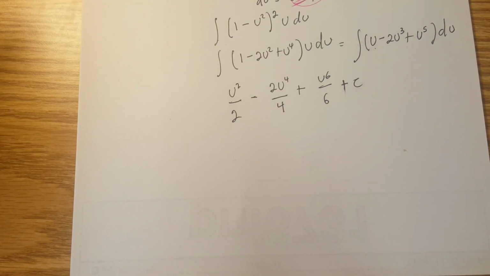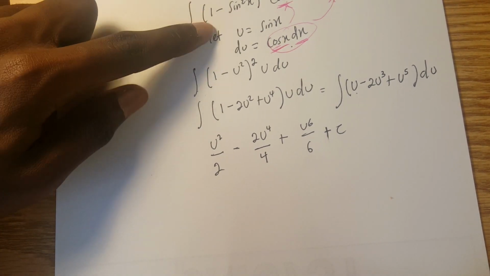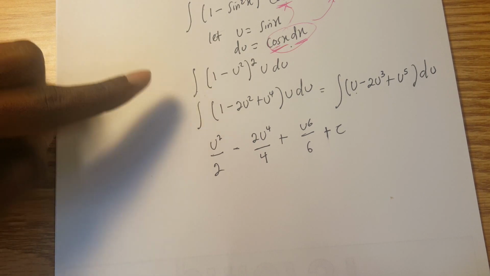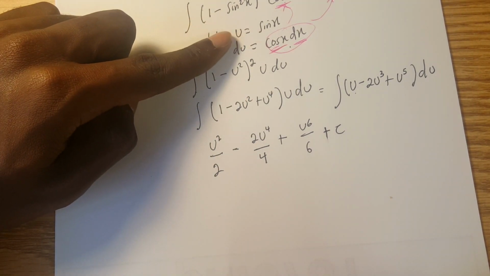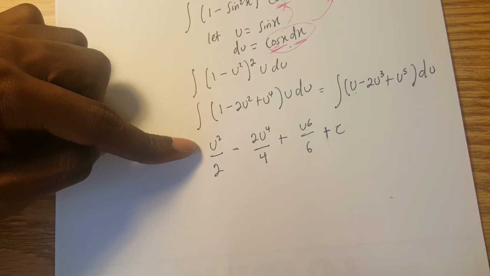So right now we've actually done solving the problem, but we substituted a u for something, and we cannot leave our answer in terms of u. So we'll go back and leave our answer in terms of x. You put sine x where u is.